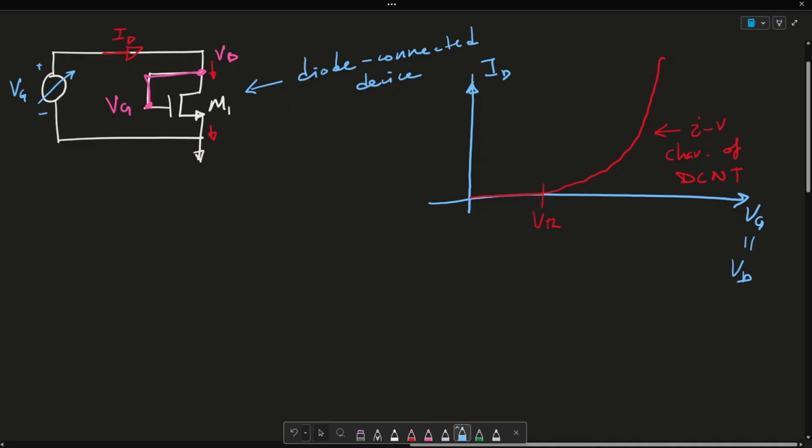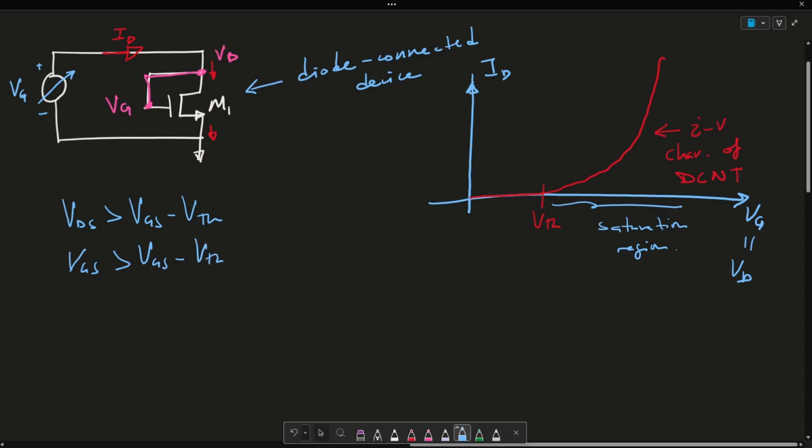Now for this example, what we want to note is this region here. And this is the region that we call the saturation region. And we call this the saturation region because in the saturation, VDS has to be greater than VGS minus VTH. And this is basically true because VDS is basically VGS because D and G are the same. And that's greater than VGS minus VTH.